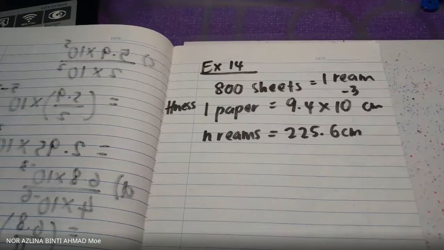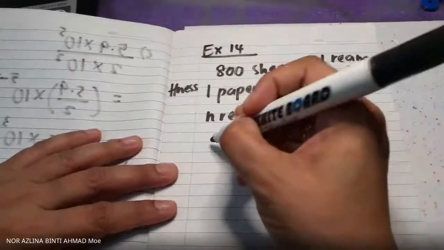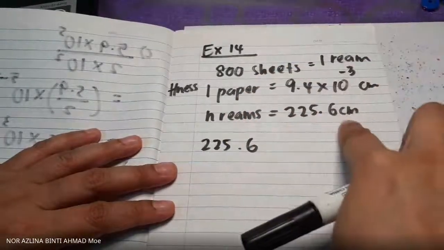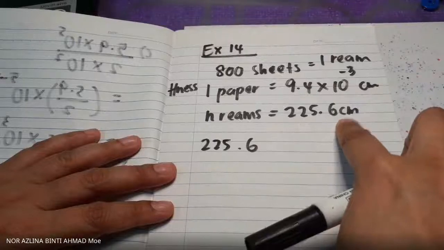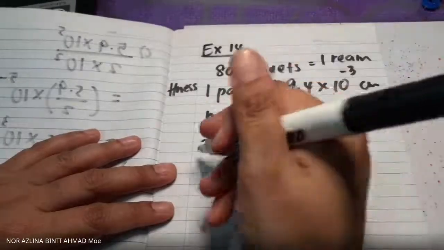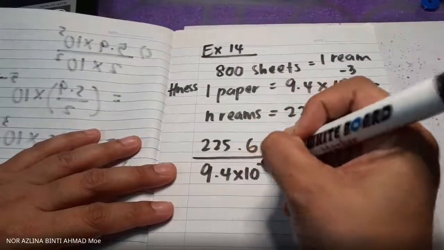So now we find how many sheets. 225.6, this is the total thickness. Divide by the thickness for one paper, so divide by 9.4 times 10 to the power of negative 3.